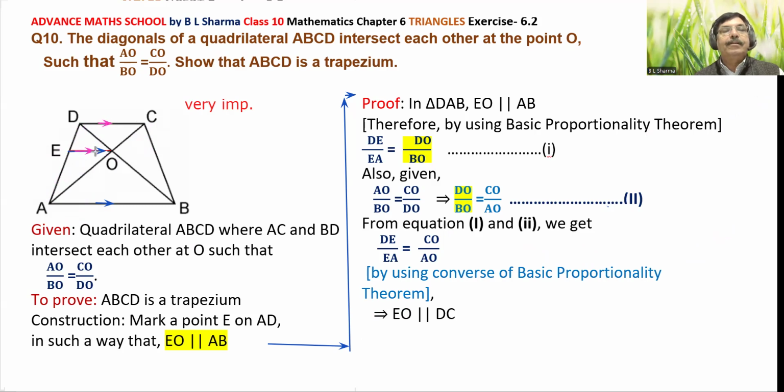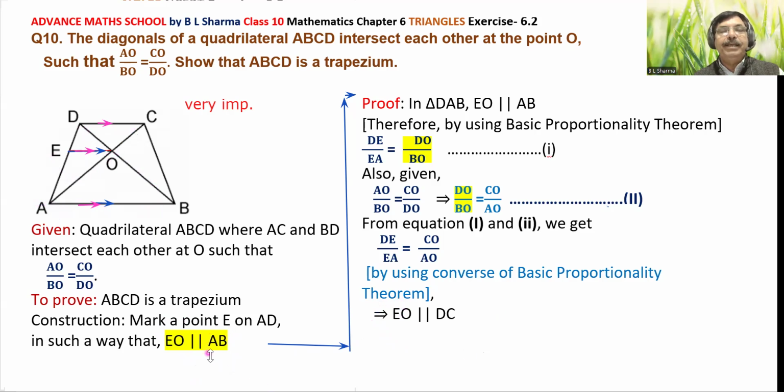this line, this line, and this line, all these three lines are parallel. It means AB is parallel to DC. EO is parallel to AB, it is given. EO is parallel to DC, it is proved.